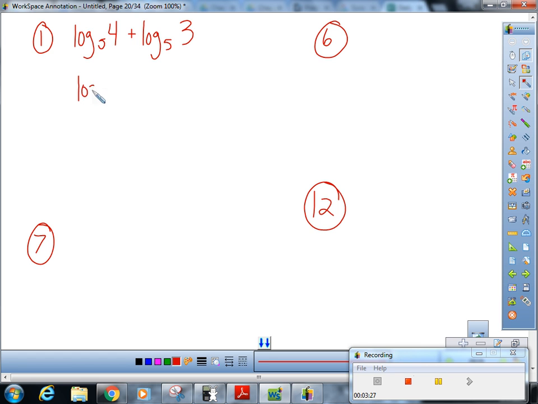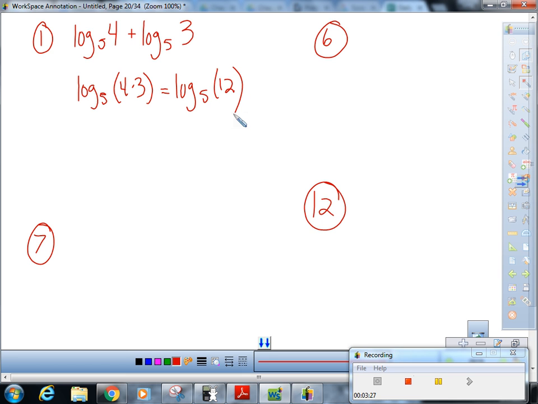So that's going to be the log base 5 of 4 times 3. Do you see how I did that? I used the rule. And then we'll just write our answer as the log base 5 of 12. That's your answer. Okay? So far so good, right?